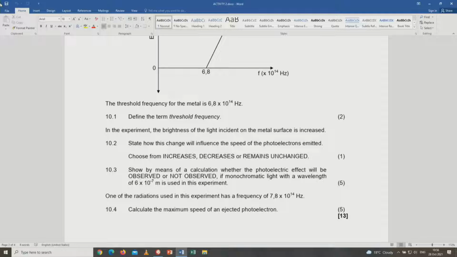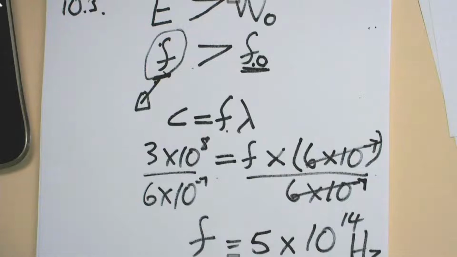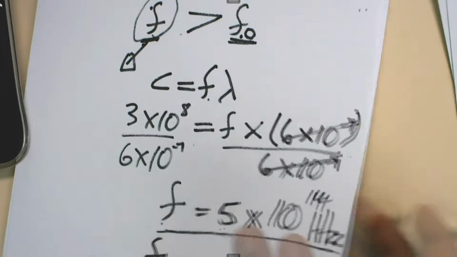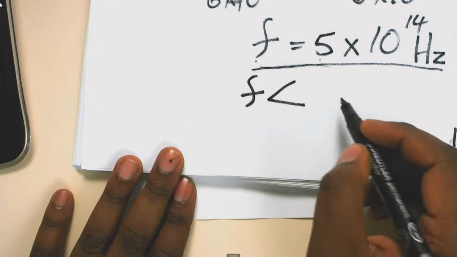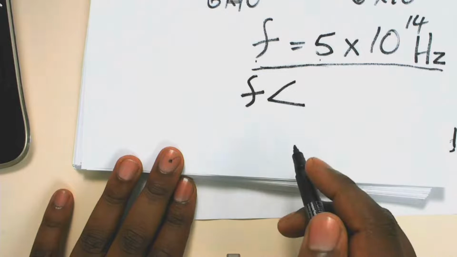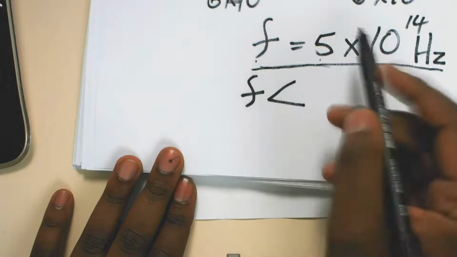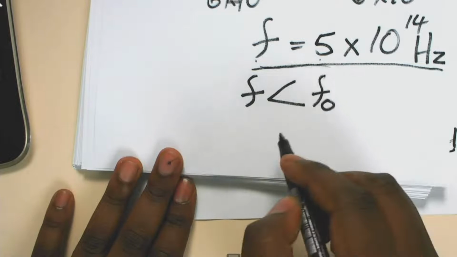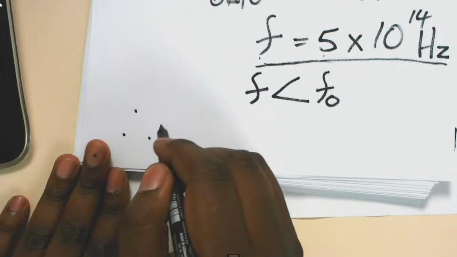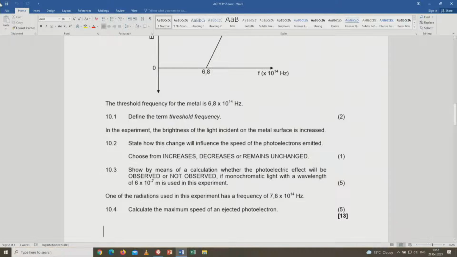So because the frequency of the light is less than the threshold frequency, as we have just proved with a calculation, we can then conclude that the photoelectric effect will not be observed.